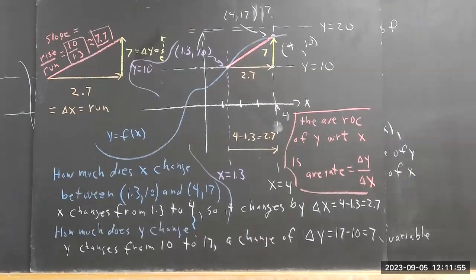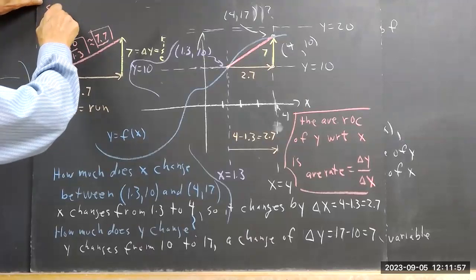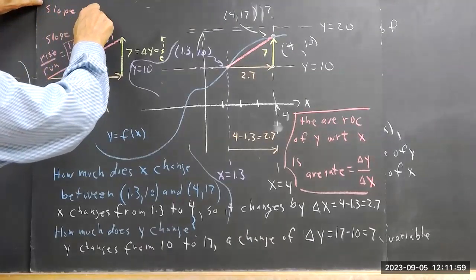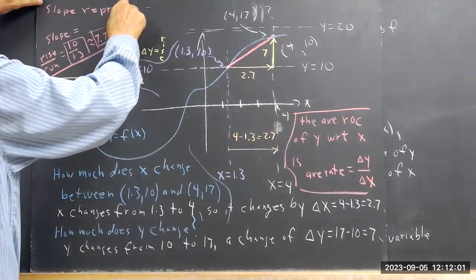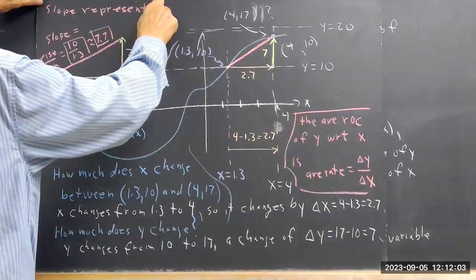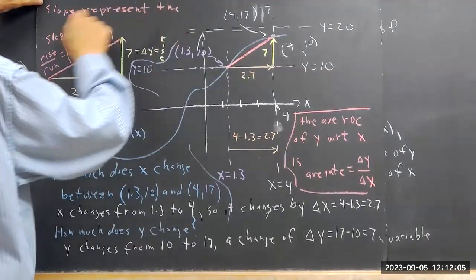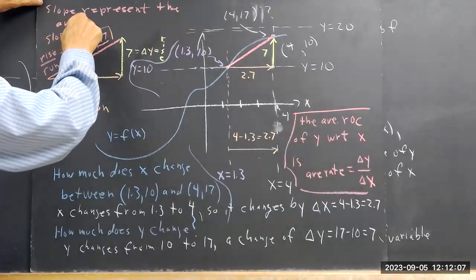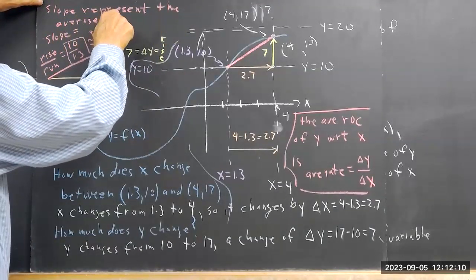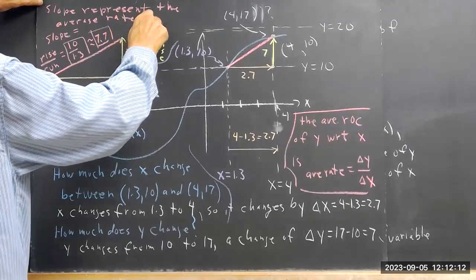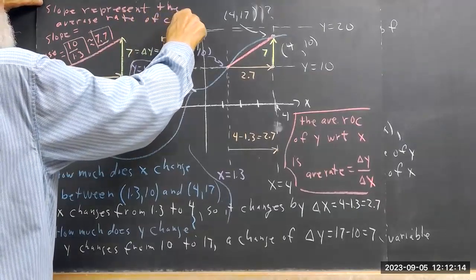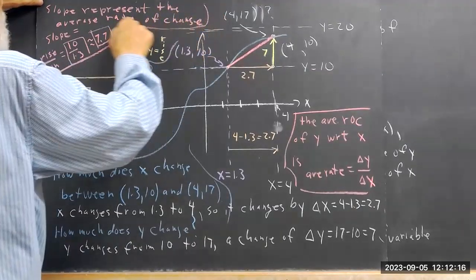In the slope, it represents the average rate of change.